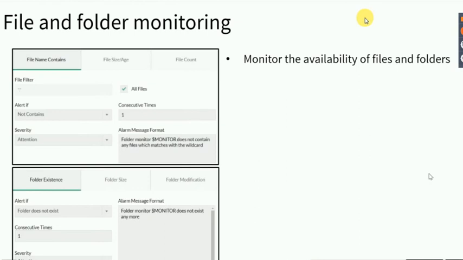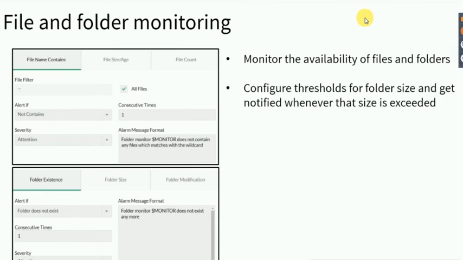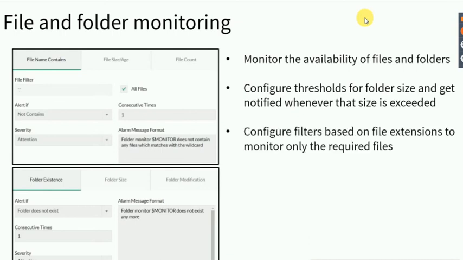All right, and also as I said, for Windows devices, OpManager can monitor files and folders as well. So you can monitor the availability of the files and folders. You can configure thresholds for the folder size and get notified whenever the size is exceeded, and configure filters based on file extensions.